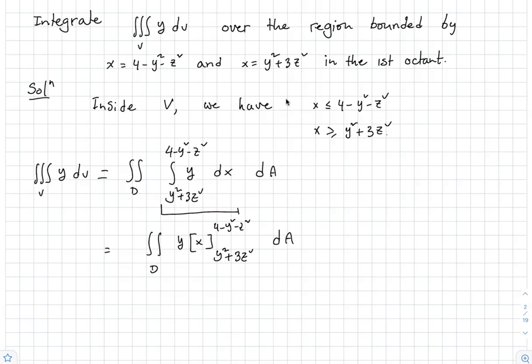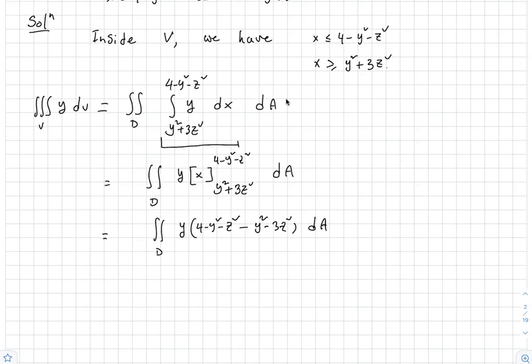Okay, so all we now care about is the inside integral, and let's simplify that expression. We take the upper limit of the variable x, which is 4 minus y square minus z square, minus the lower limit, which is y square plus 3z square, and carry that forward into the double integral.